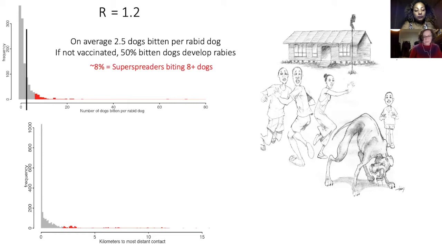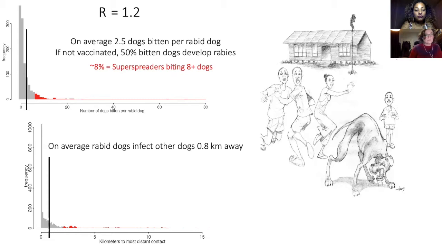And it's not just the biting behavior directly, it's also the movement of rabid dogs. So on average, a rabid dog will bite another dog less than 1 kilometre from where that dog originates from. And in fact, you can see this big peak here, which is from dogs biting other dogs in their household or in neighbouring households. But again, there is this long tail of the distribution.